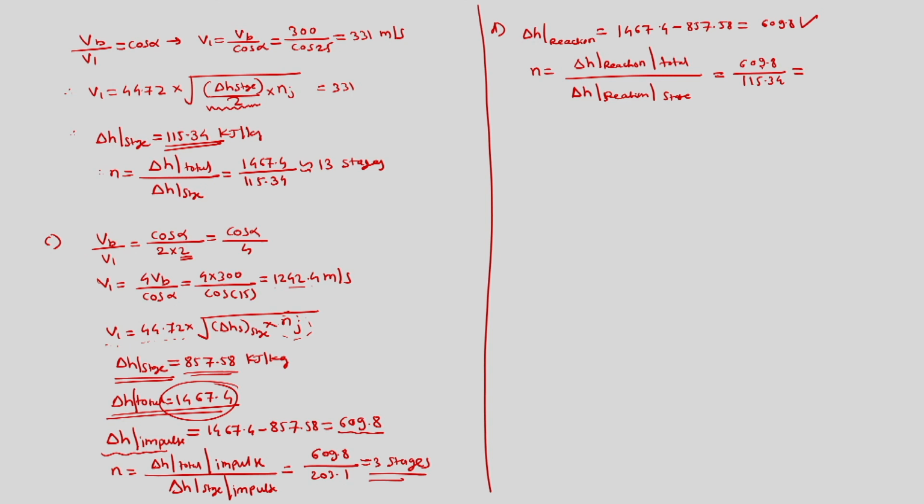So we have 5.28, which is around 6 stages we need as a 50% reaction turbine.